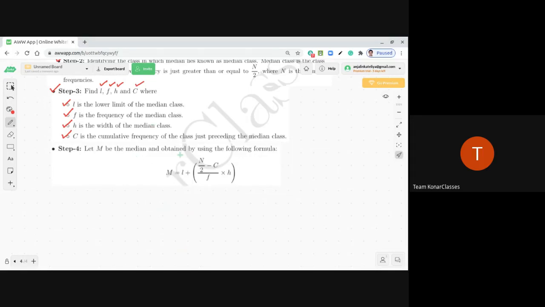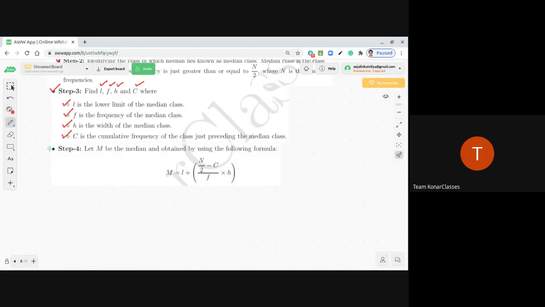So M is the median and is obtained by using the following formula. M is equal to L plus (n by 2 minus C) by F, into H. As I said, we need to find the value of L, F, H, and C, and n we already know. Then it is very easy to find the median.